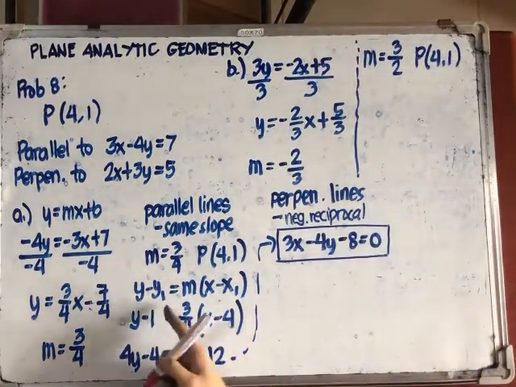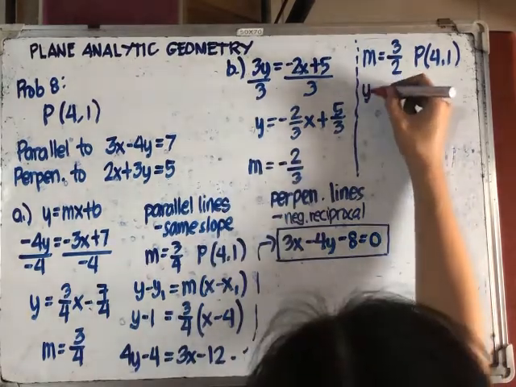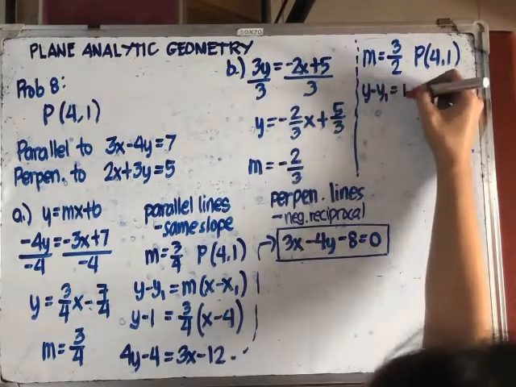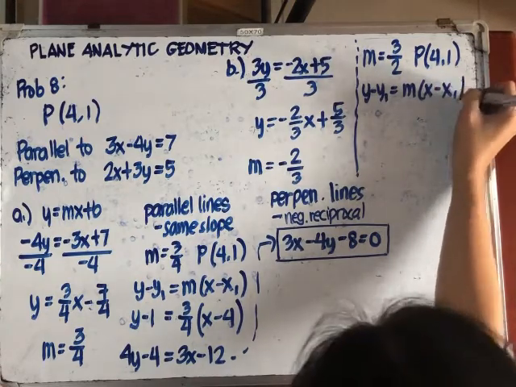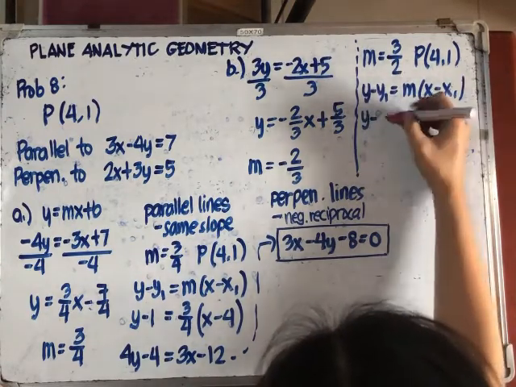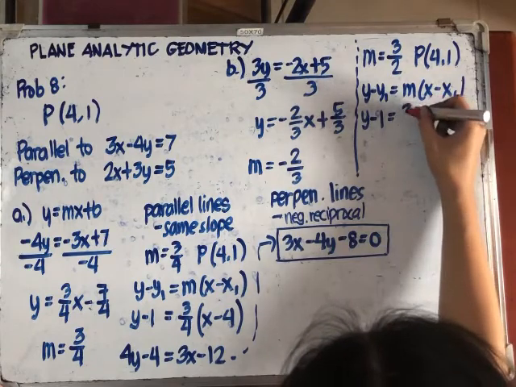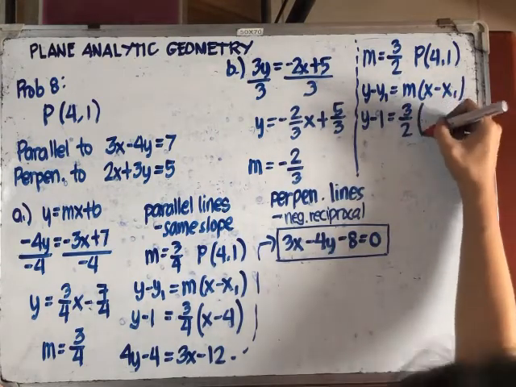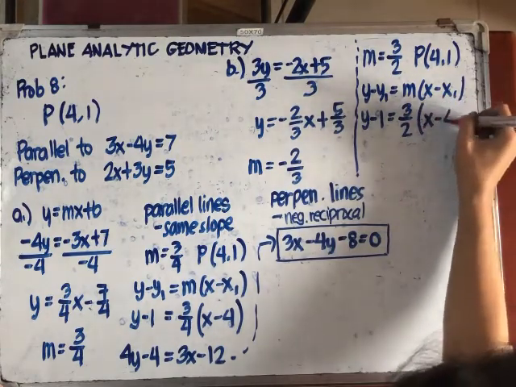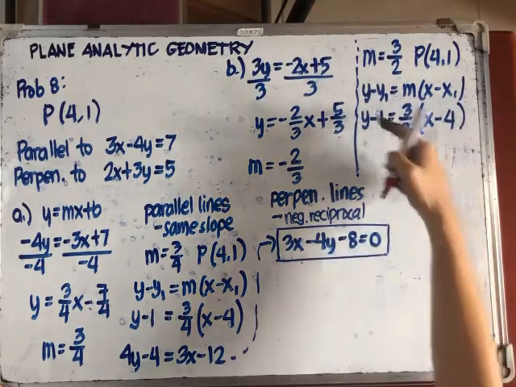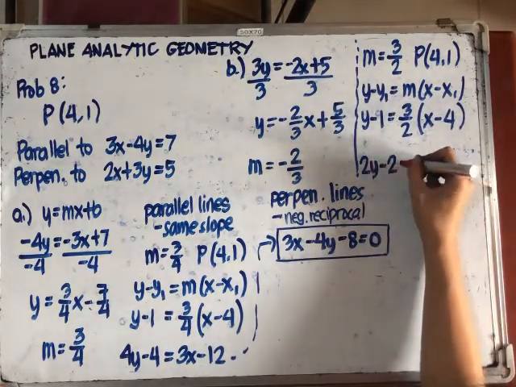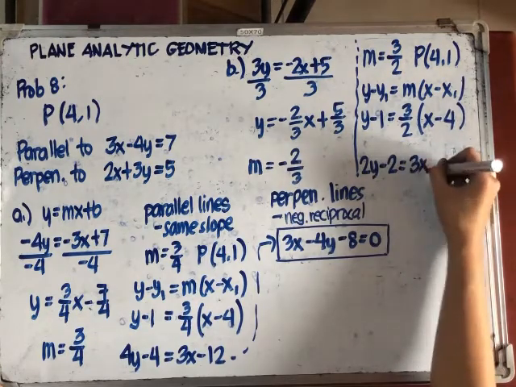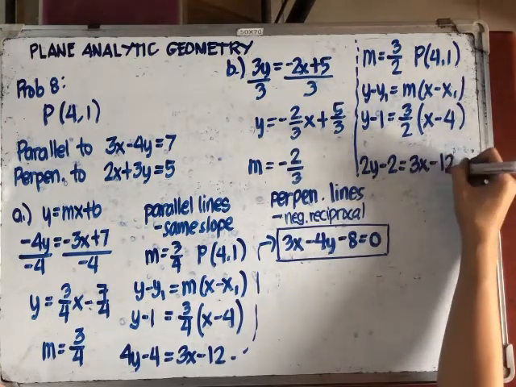So using our point-slope formula again, y minus y1 equals m times x minus x1. You have y minus y1 of 1, m is 3/2, x minus x1 of 4. Cross multiplying this again, this would be 2y minus 2 equals 3x minus 12.